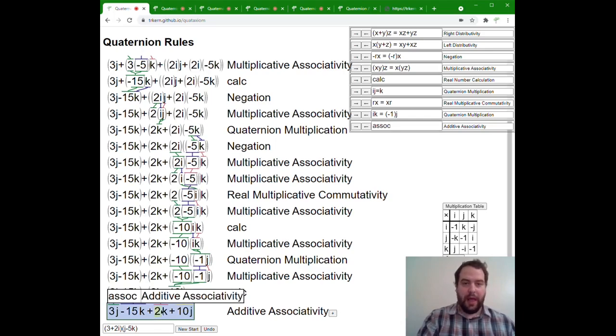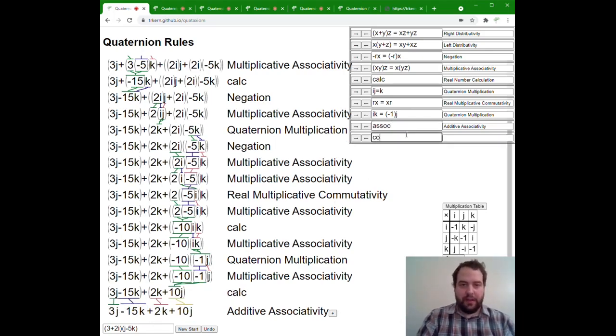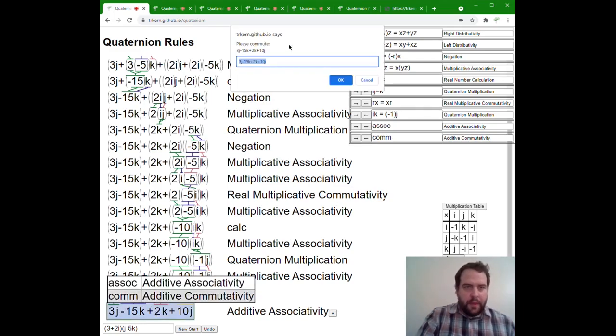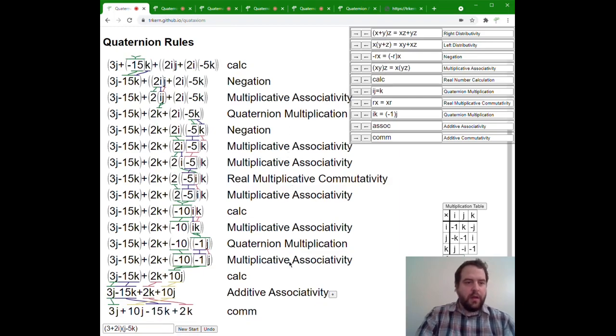So let's apply, whoops, I need to actually add in the commutativity. This is going to be additive commutativity. And then my goal is to take the 10j and move it to the front so that I can combine it with the 3j.